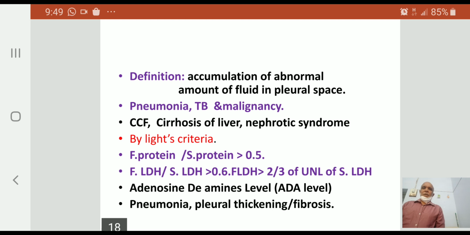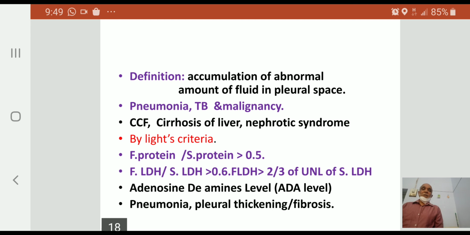If in any doubt, we repeat the tapping after one week. If the ADA level in the second sample goes up, it favors tuberculosis.